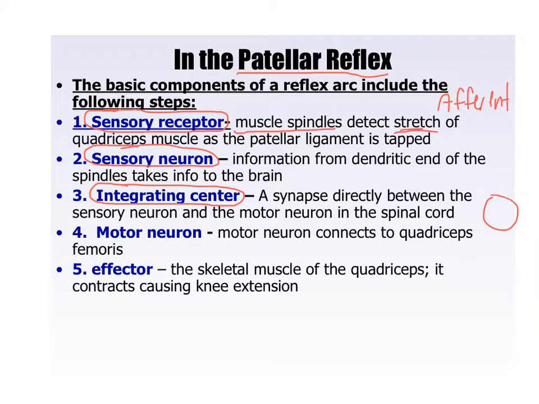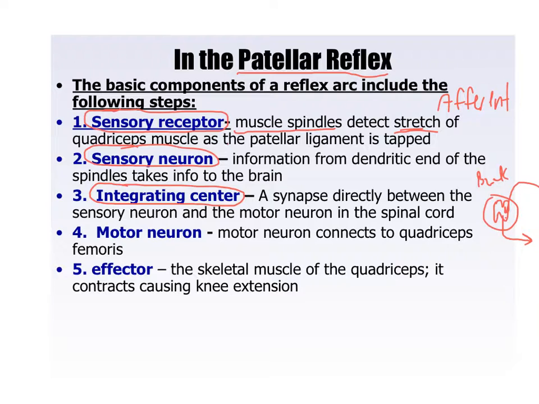So if this is your spinal cord and here's the gray matter on the inside, sensory information, this is going to be the back, comes in through the posterior dorsal root. So this would be your back. So sensory information enters through the posterior dorsal root, and then the motor information will exit through the anterior or ventral root, and that's how the reflex arc will occur.